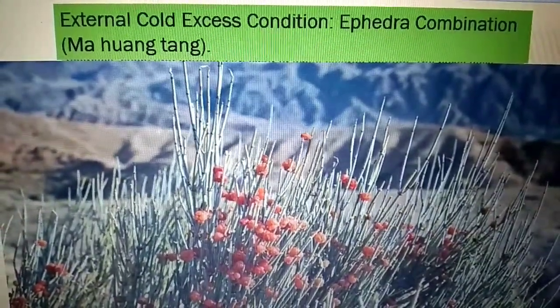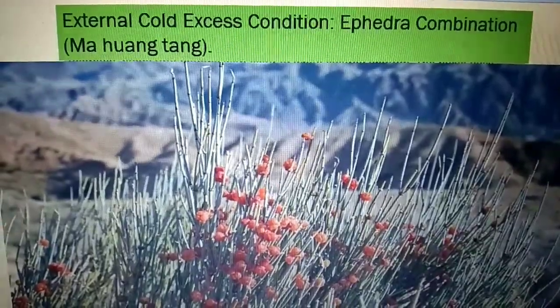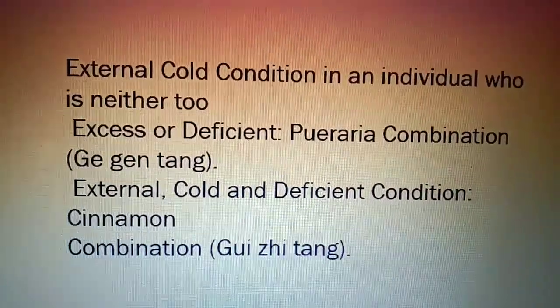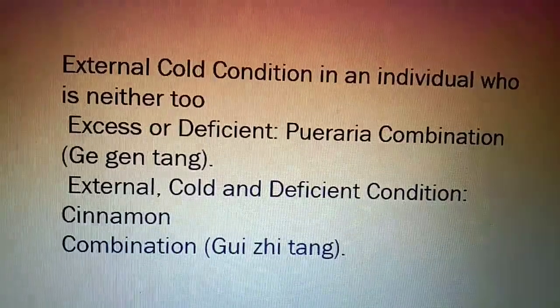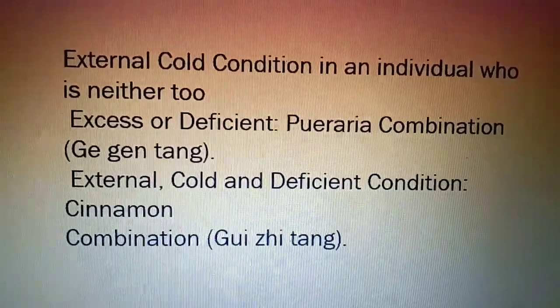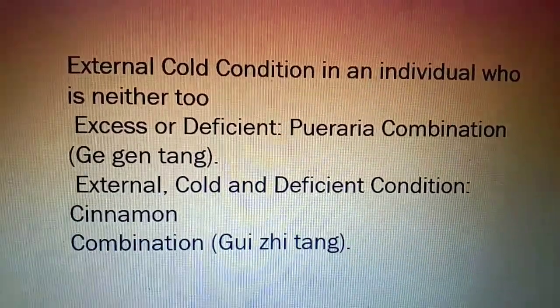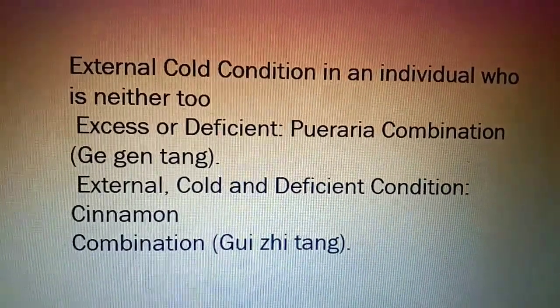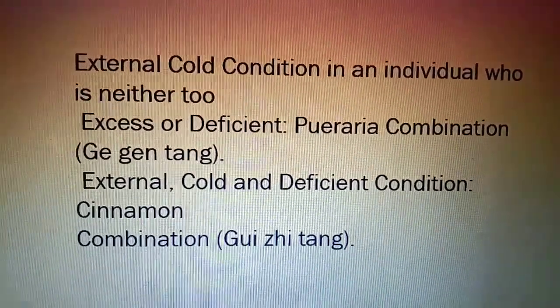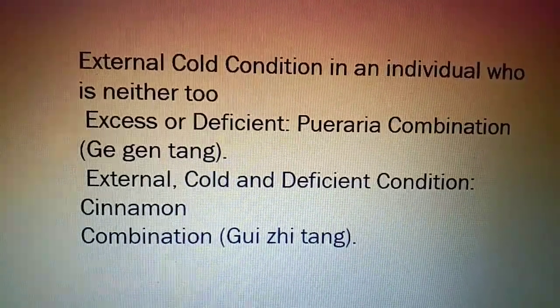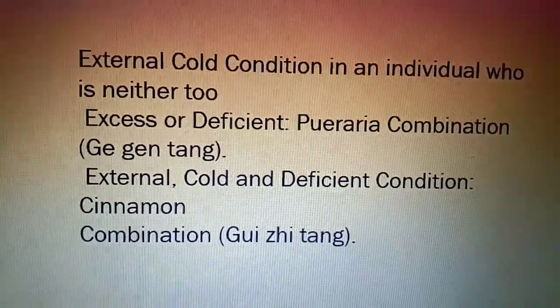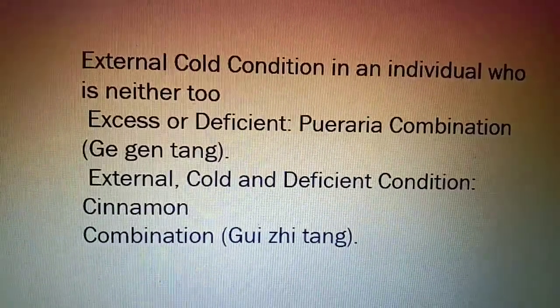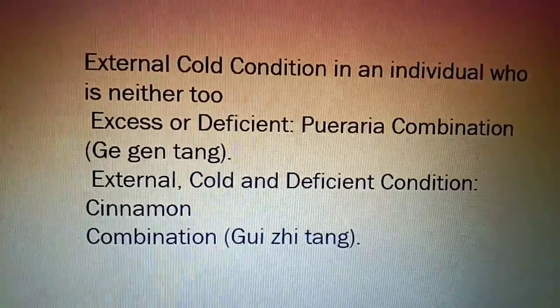For an external cold excess condition, Ephedra combination, Ma Huang Tang. For an external cold condition in an individual who is neither excess nor deficient, Pueraria combination, Ge Gen Tang. For an external cold and deficient condition, cinnamon combination, Gui Zhi Tang.